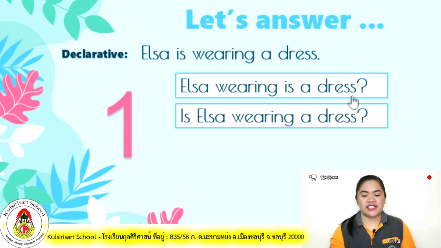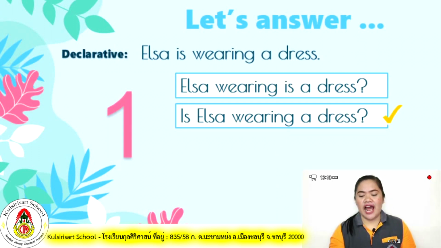Elsa wearing is a dress, or is Elsa wearing a dress? 1 or 2? Very good. It should be number 2, or the sentence number 2. Is Elsa wearing a dress?